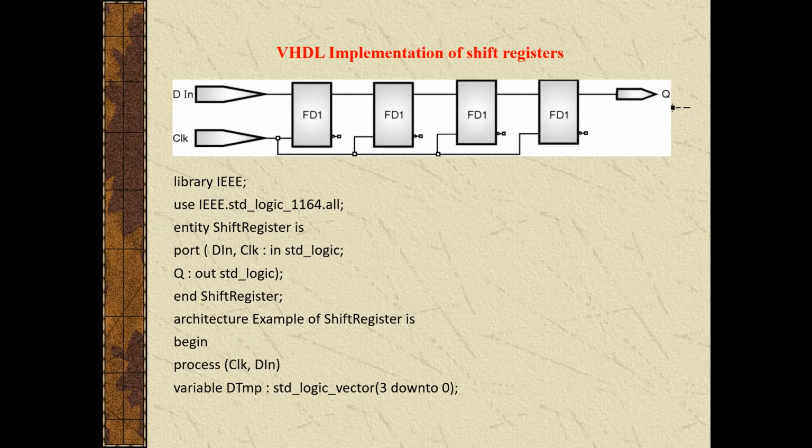The name of the entity we have given here is shift register. So, entity shift_register is. We are going to write the code by using structural and behavioral modeling. Two methods are used here to write the code.